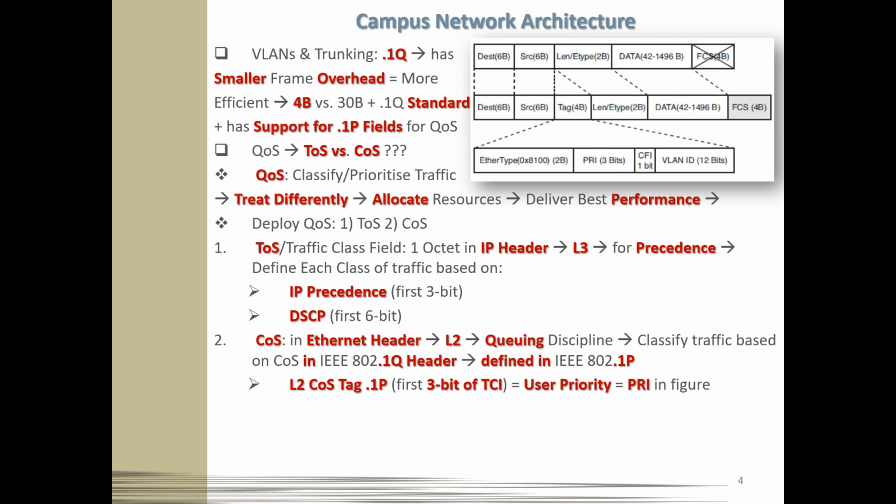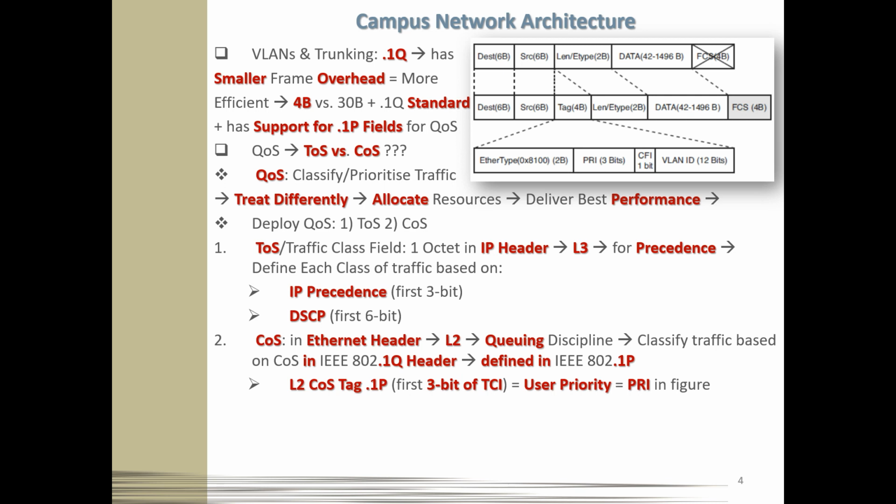Quality of service has to do with policing. For instance, after a certain threshold, we can say we can drop traffic. Quality of service is also about shaping traffic, meaning that we say, okay, we don't drop, but we use buffers as possible.